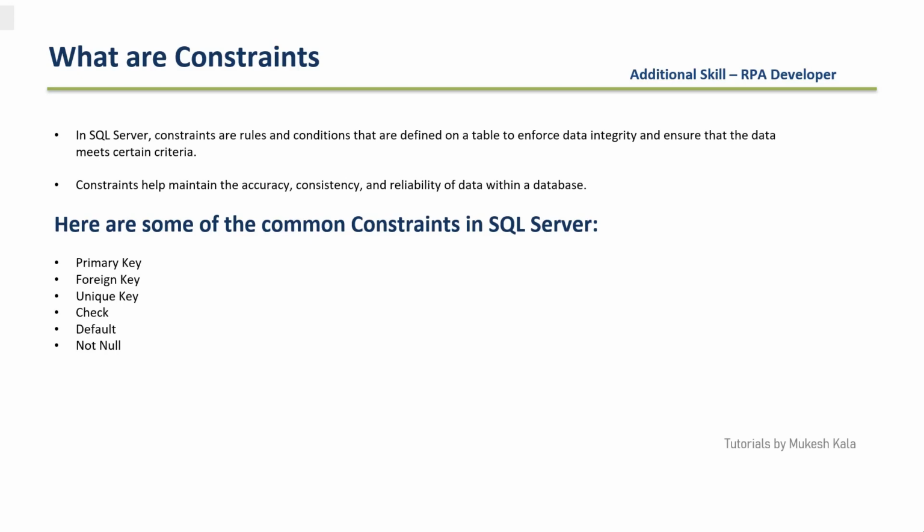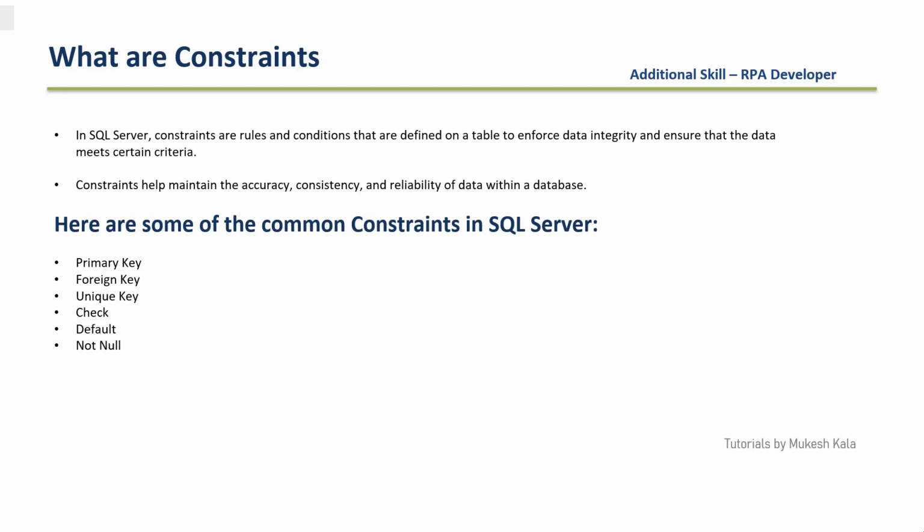Till the time you provide me a value, I am not going to insert your record. All such rules and conditions can be enforced on the tables and columns with the help of something called a constraint. Now why do we do that? To maintain the accuracy, consistency and reliability of the data within the database.